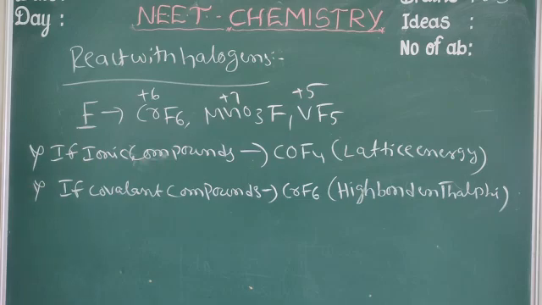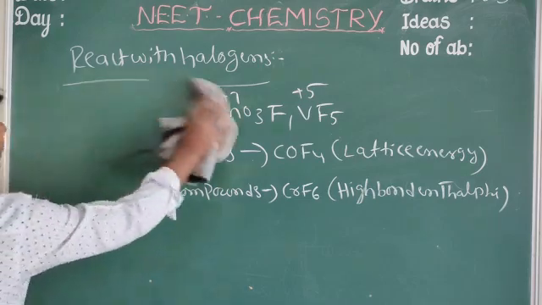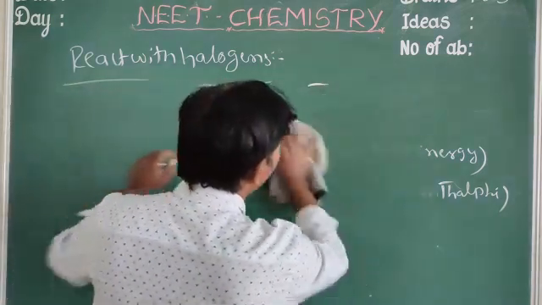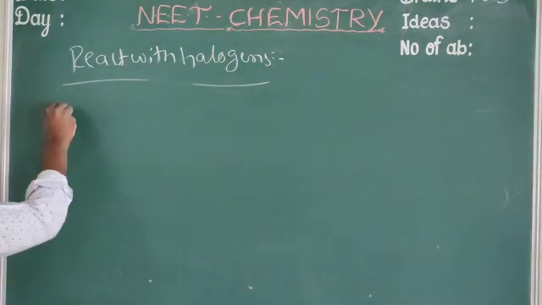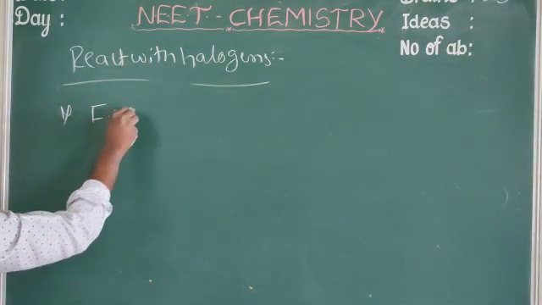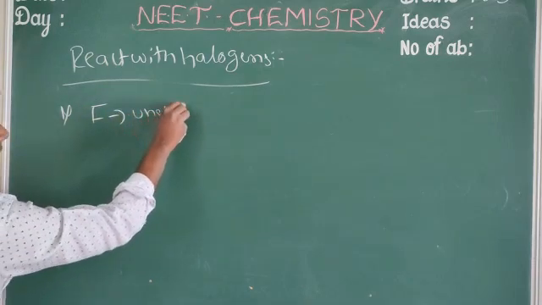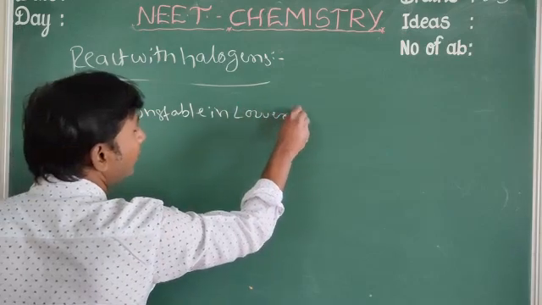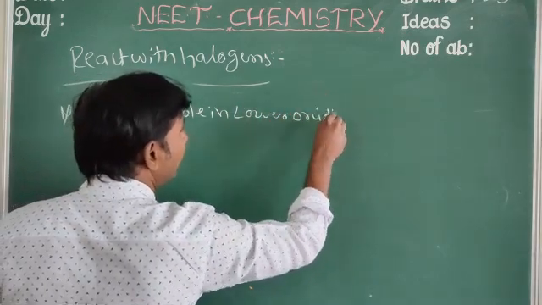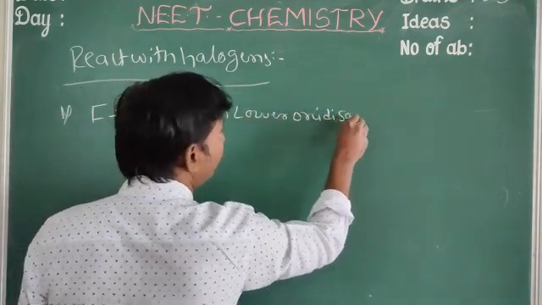The next one: fluorine is unstable in lower oxidation states.